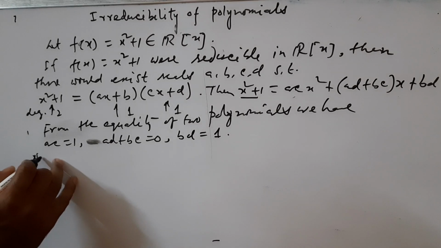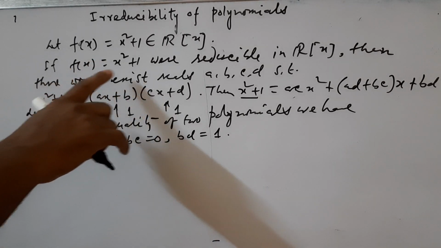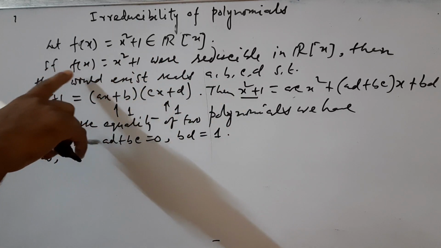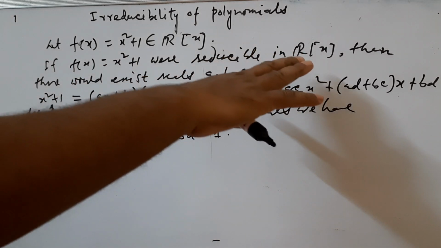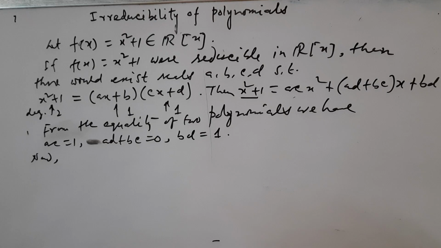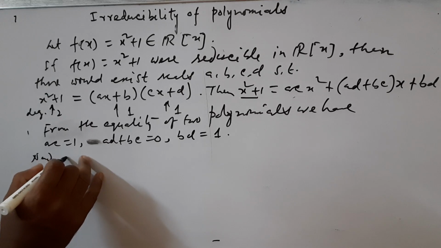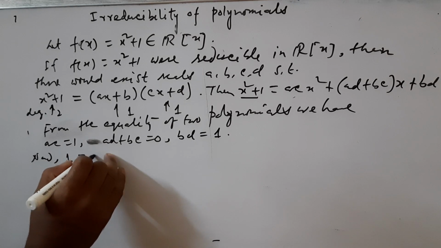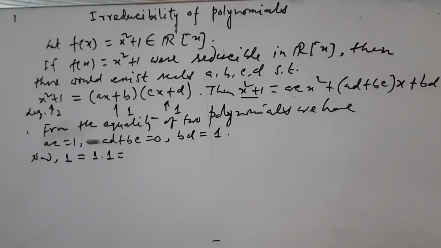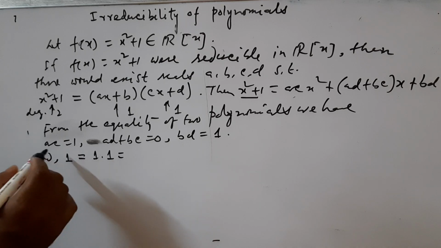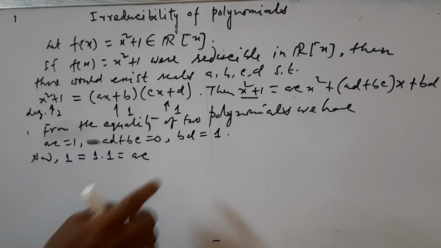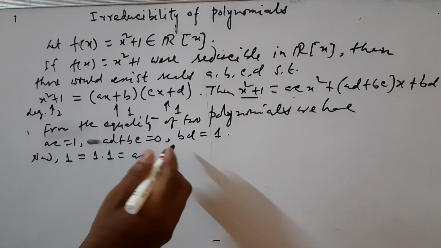Now because we have assumed the opposite, that this polynomial were reducible in R[x], we have to arrive at a contradiction. For that we start with the number 1, and 1 can be written as 1 into 1, and for this one we put ac, and for this one we put bd.